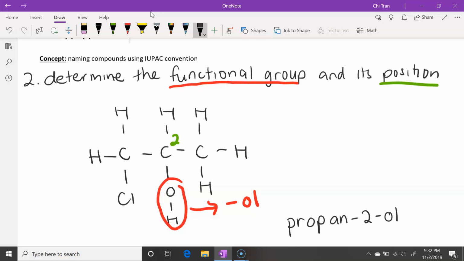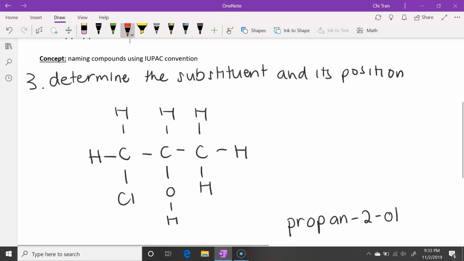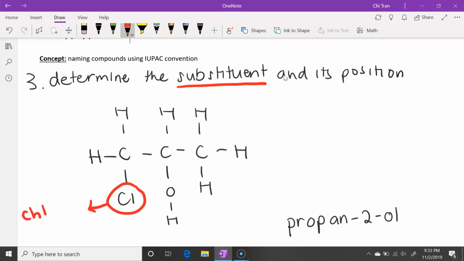The third step is to determine the substituent group and its position. So the substituent group in this organic compound is the chlorine, Cl right here. And chlorine will have the prefix of chloro in the name, and then we need to determine its position as well.